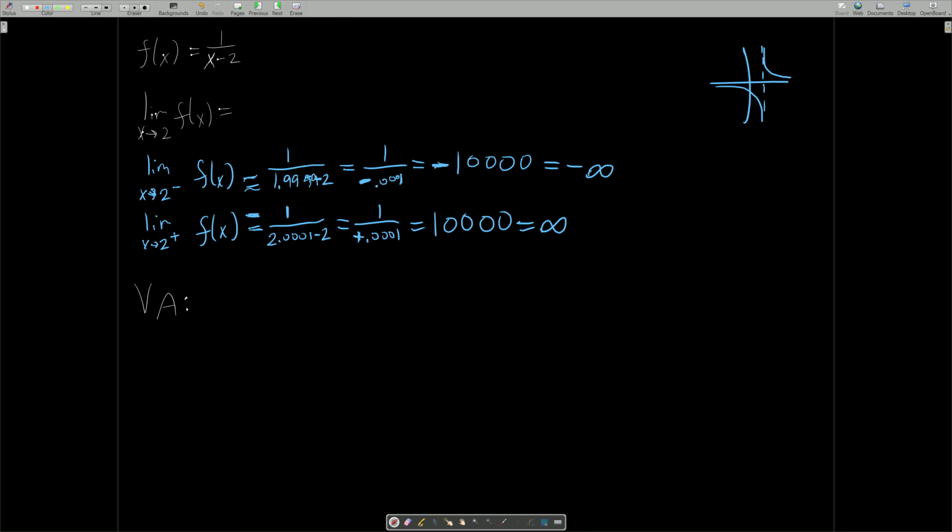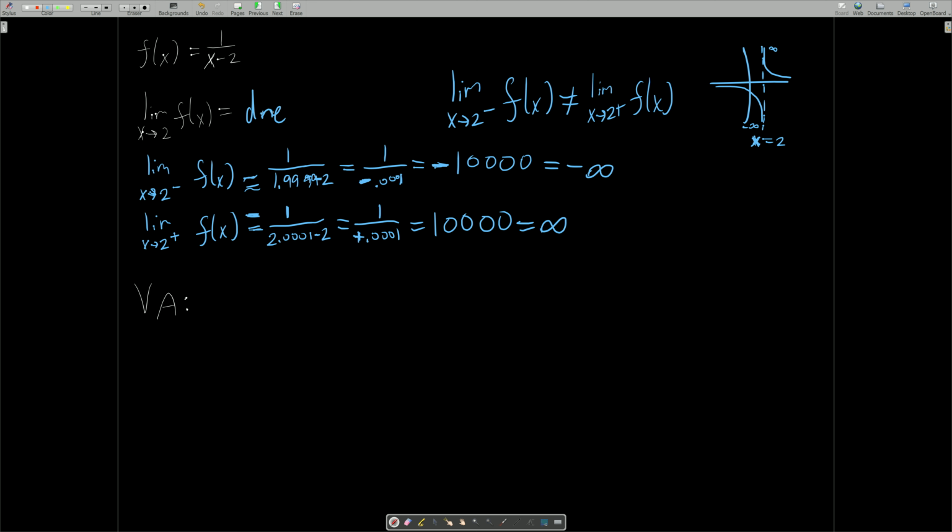So here is x equals 2. From the left, it's going down, approaching negative infinity. From the right, it's going up, approaching positive infinity. Now, since these two limits are not the same, the limit as x approaches 2 from the left of f of x is not equal to the limit as x approaches 2 from the right of f of x.